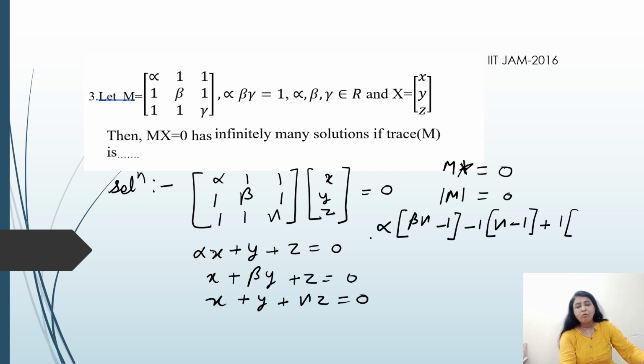You all know how to expand the determinant. This is equal to 0. So what you are getting: αβγ - α - γ + 1 + 1 - β = 0.